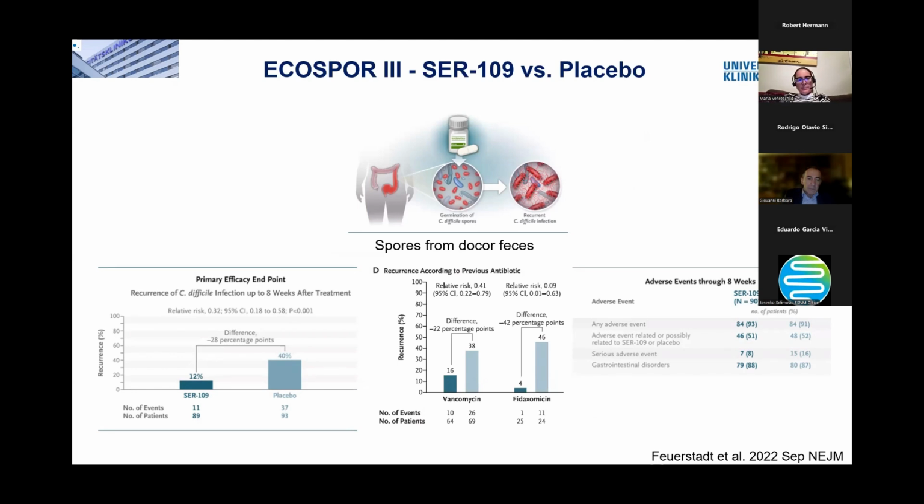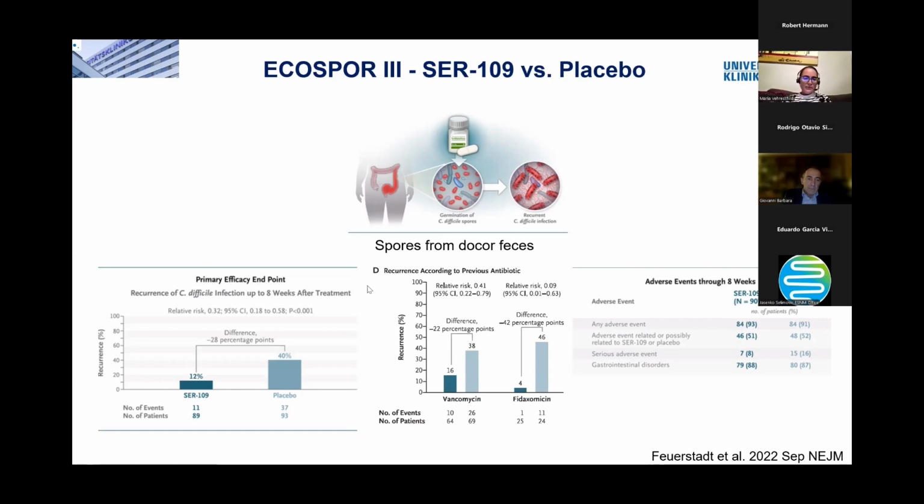And VOWST is also very similar to a classical encapsulated FMT, except that the fecal donation is exposed to ethanol, and then all the vegetative forms in the donation die, and only the spores are transferred into the FMT capsules. So it's kind of a more focused FMT product, but it still is an FMT product. It is not a defined mix of bacteria in these capsules.